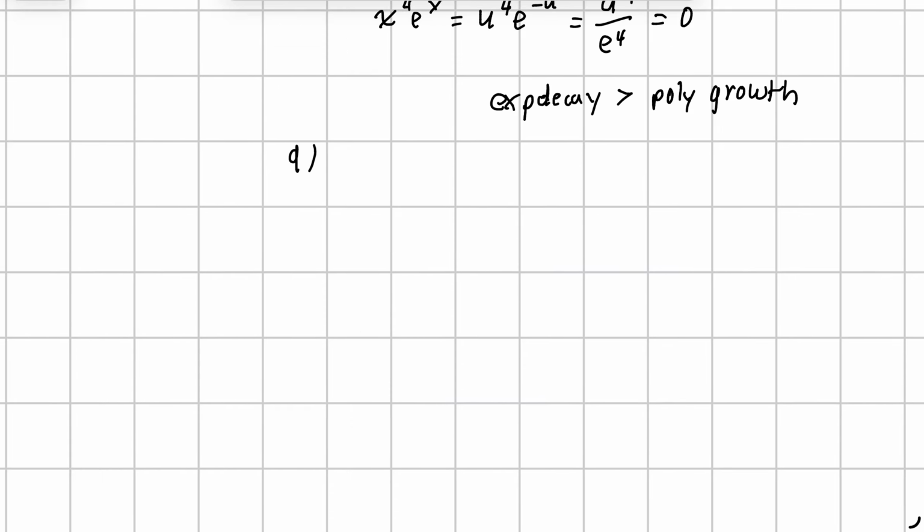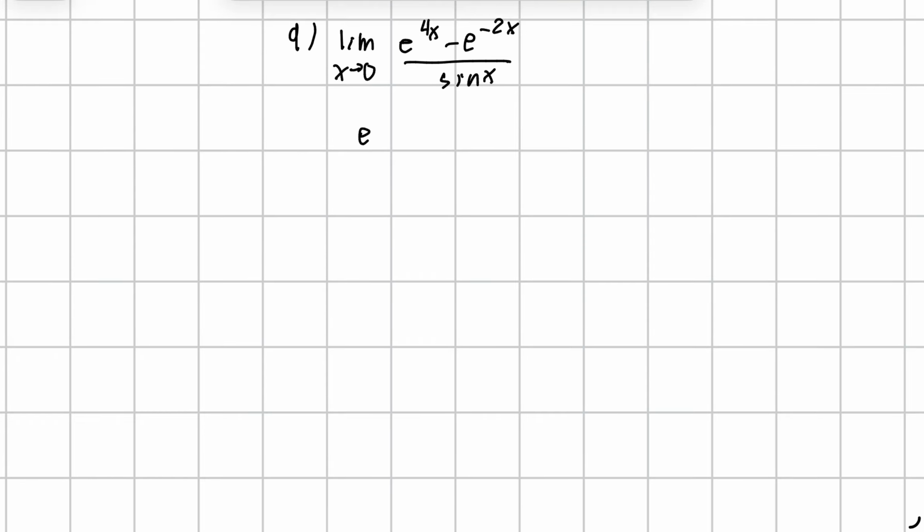For our next example, let's say we have the limit as x approaches 0 of e^(4x) minus e^(-2x), all divided by sine x. So let's use some expansions. e^(4x) is equal to 1 plus 4x plus, continuing on, and e^(-2x) is equal to 1 minus 2x plus, continuing on.